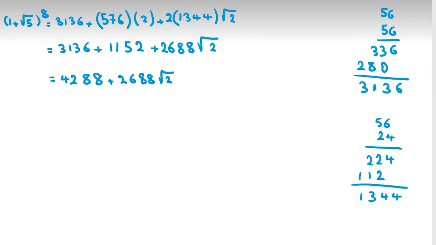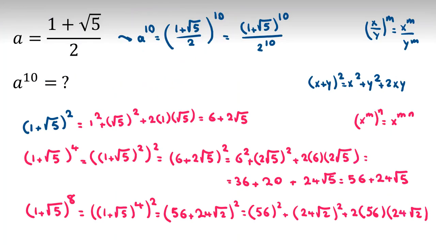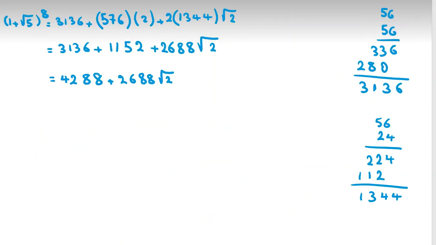So we found this. Now it's time to find A to the power of 10. We know (1 plus root 5) to the power of 2, and to the power of 8. By the power rule, we know that a to the m times a to the n equals a to the m plus n.